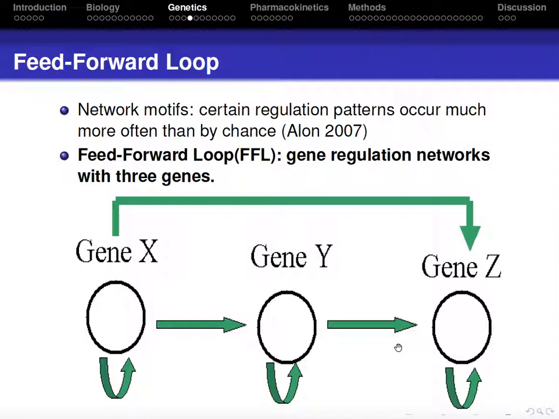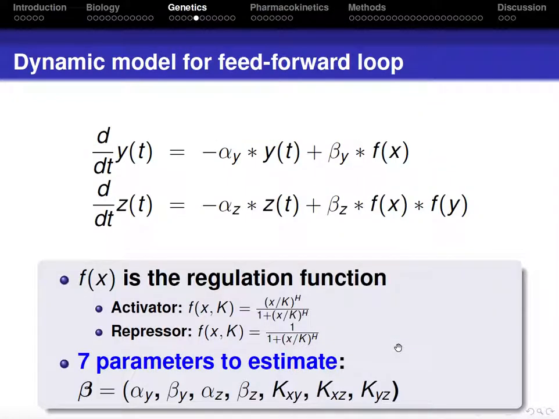For this simple gene regulation network, we are able to come up with differential equations to model this regulation process. Here, y of t represents the expression of gene Y, and z of t represents the expression of gene Z. On the left side is the rate of change of the gene expression.